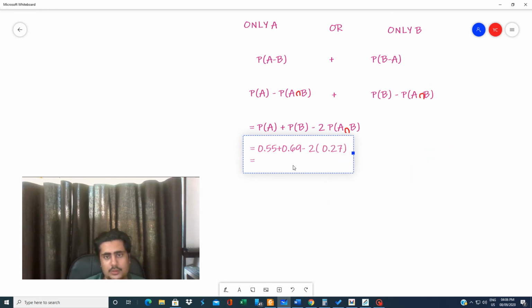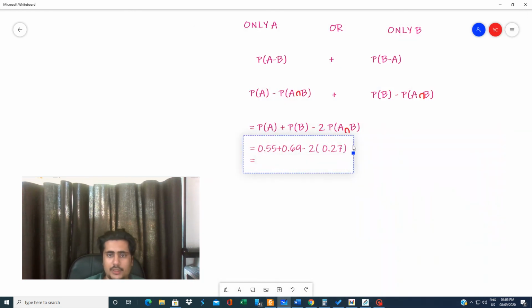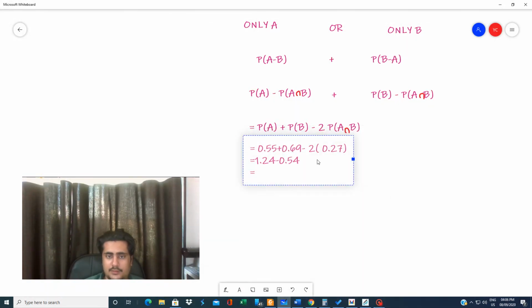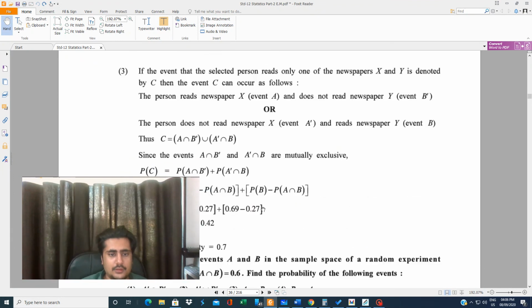Now this 0.55 plus 0.69 is 1.24, minus 0.54. So it's 0.7. So your answer will be 0.7.